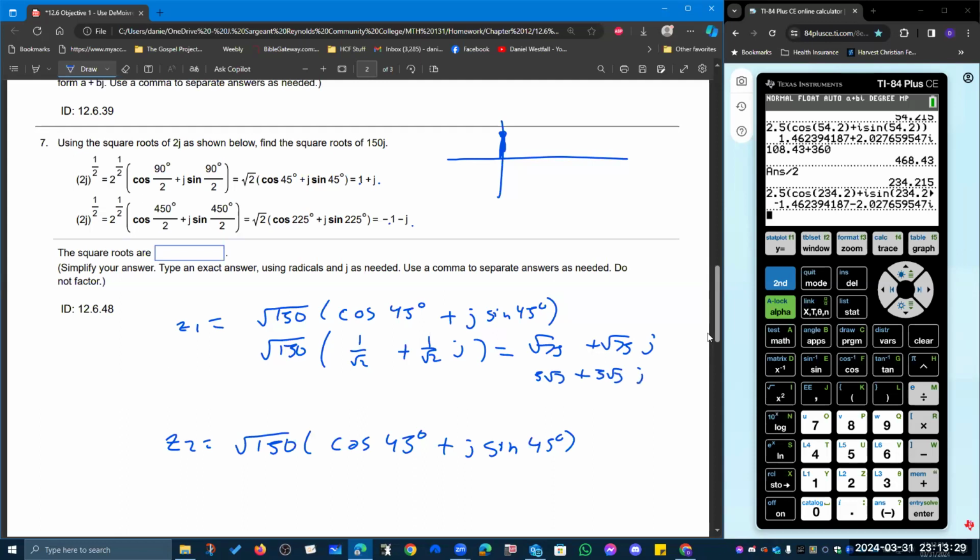And now these should just change sign and be negative 5 root 3 minus 5 root 3j. Shouldn't even have to go through the work for that.